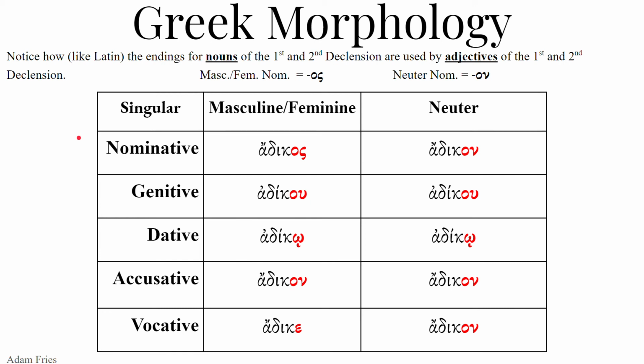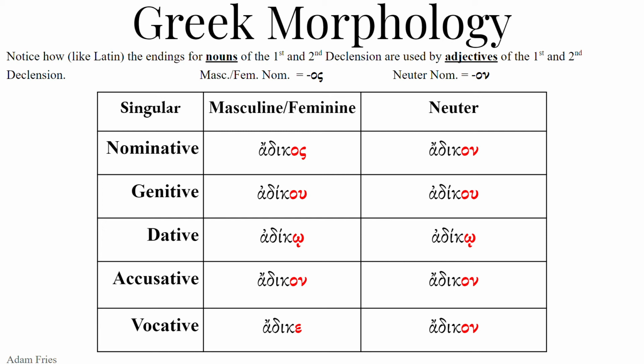So this is where the masculine and the feminine get squished into one, os. So the feminine looking endings go away and are replaced entirely by masculine looking endings, and the neuter keeps its separate track. So the masculine and the feminine will look like the second declension masculine, and the neuter will keep looking like the second declension neuter.